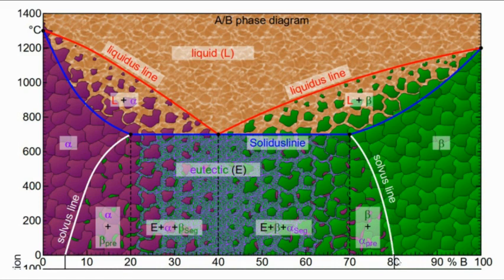If I want to orient myself to this graph, my pure substance would be 100% alpha at the leftmost boundary, and it would be 100% beta or metal B at the rightmost boundary. And the solvus line represents the section where the solubility goes from completely soluble in each other to only partially soluble in each other.